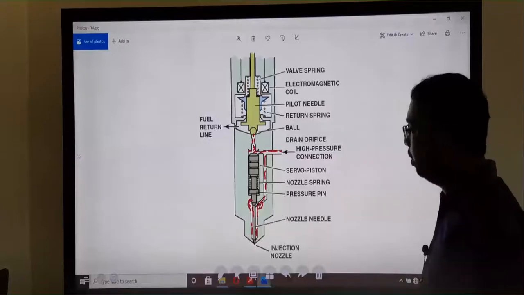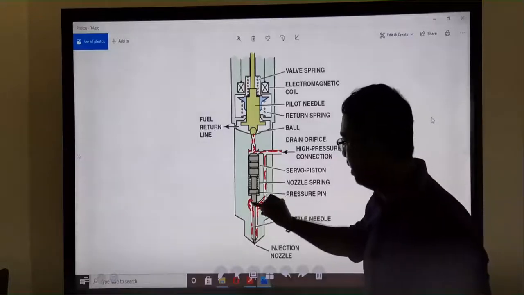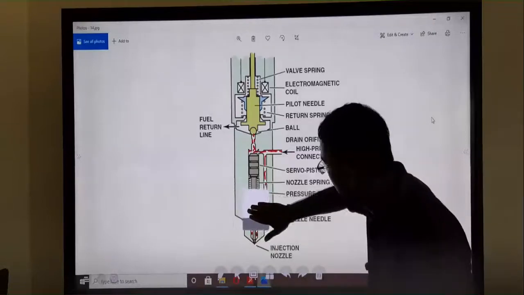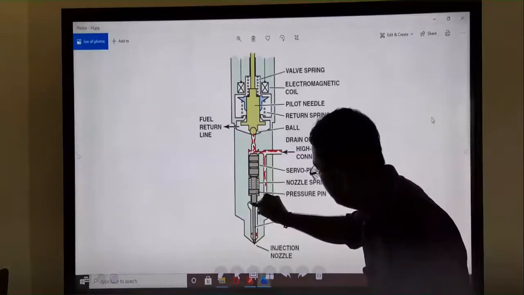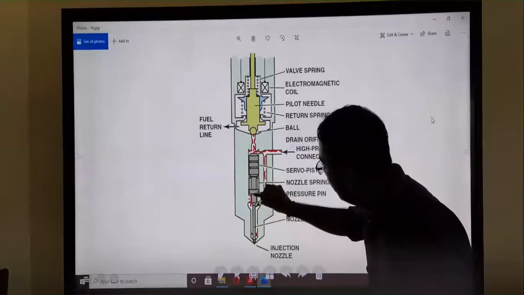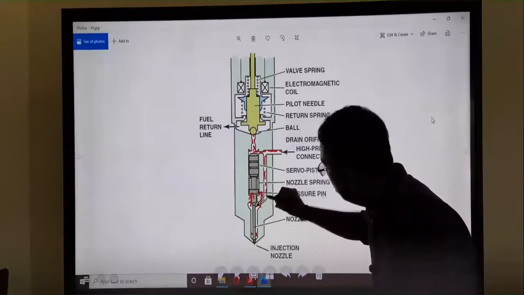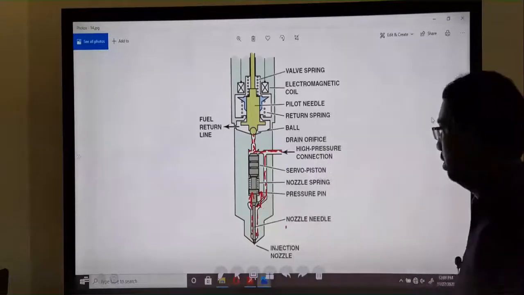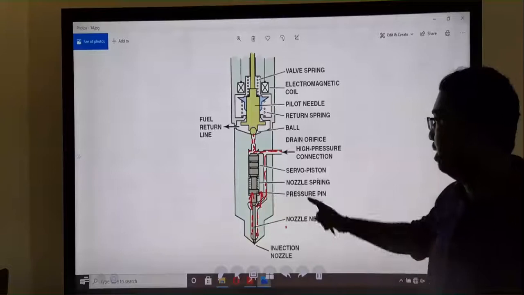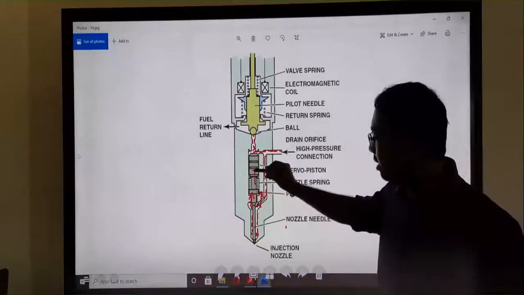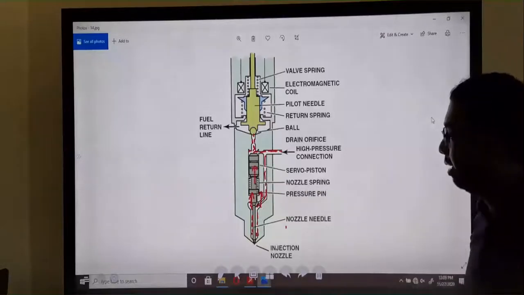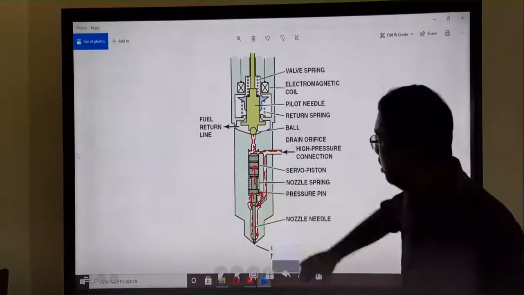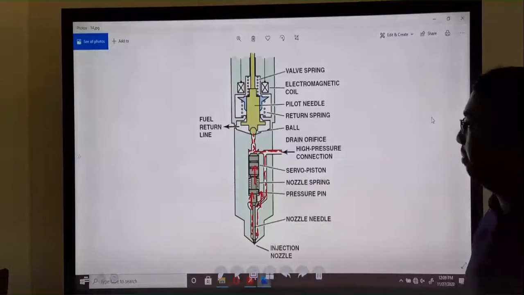With the filling of this fuel, there is a pressure we can observe here. Okay, we can observe a pressure here, in these areas. So that pressure gives a force like this. Okay, so this pressure pin and nozzle spring tend to move like this, but that force is not enough to move. Okay, so when the ignition timing comes, what will happen?